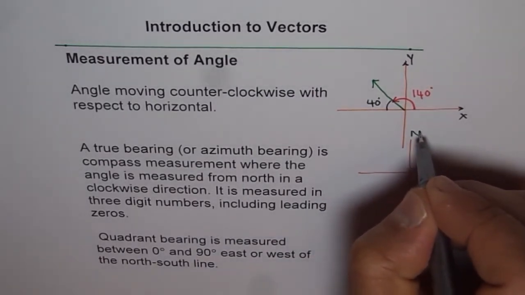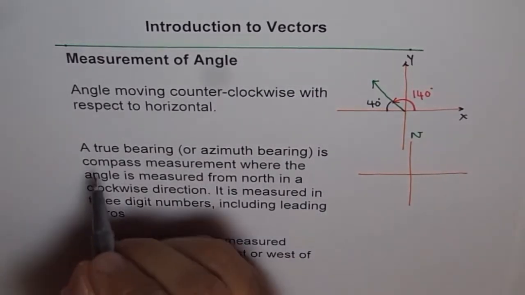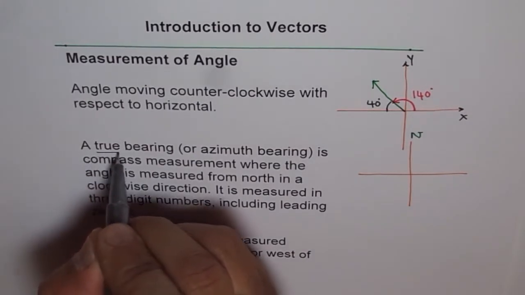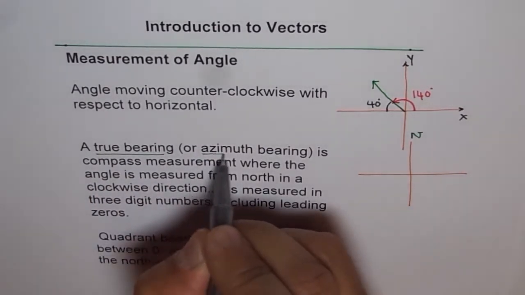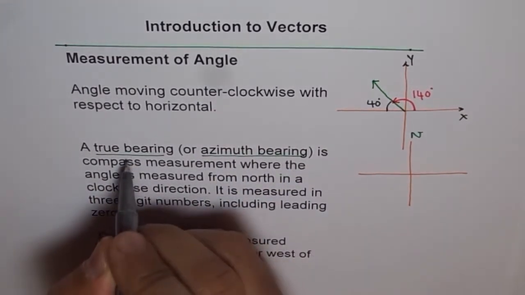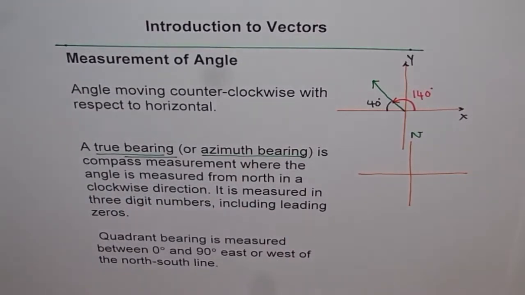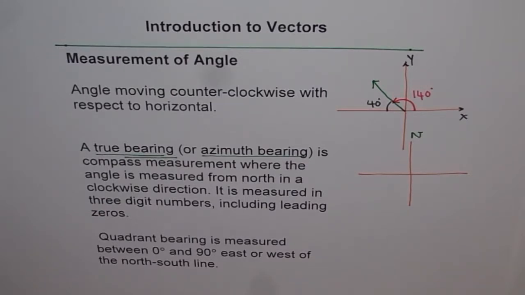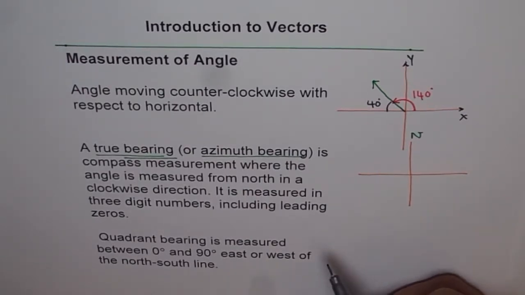So in all those cases, this angle, which we may call true bearing or azimuth bearing or just bearing, by default, is angle measured from north, right? This is like you do when using a compass, right? So that is the angle which compass will give you, and that's the most common angle used. So in vectors, normally by default we use bearing angle, right?